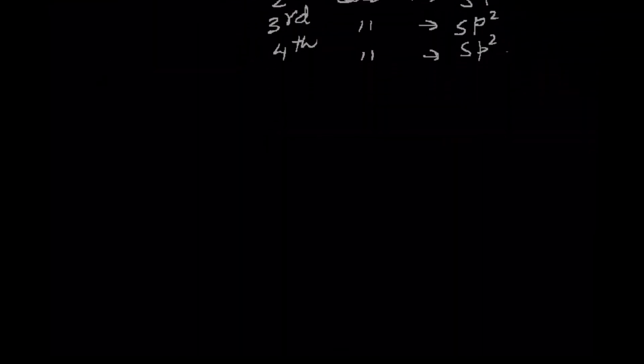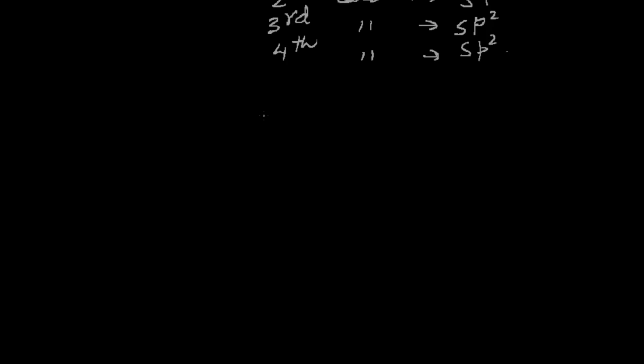Let us make it more illustrative using another example. Like next example we can easily take out. I'm just drawing a molecule in which you have to predict the hybrid orbitals of the concerned carbon atom.